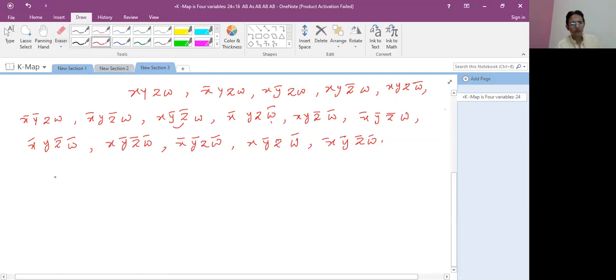After that, write an application for when we consider the K-map for 4 variables. Use the K-map.